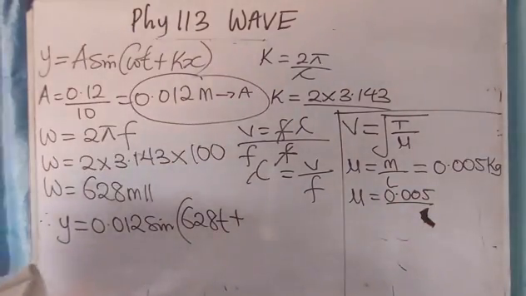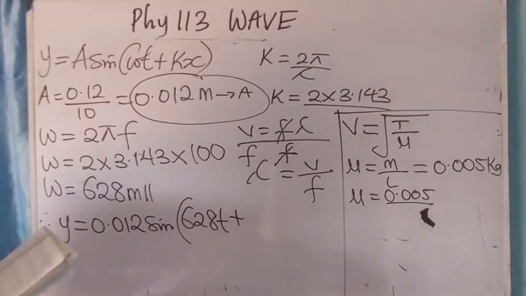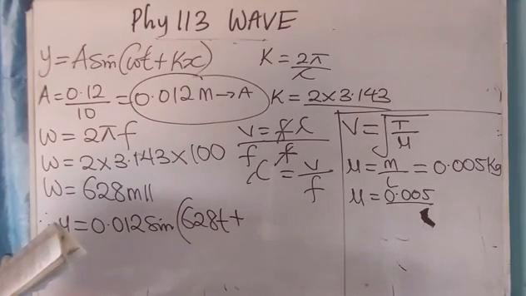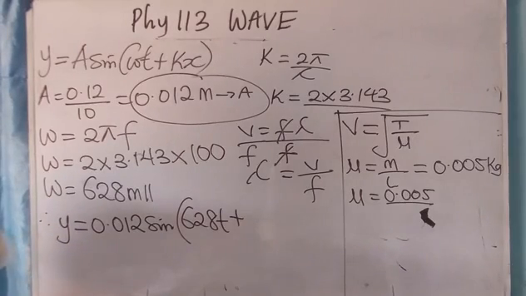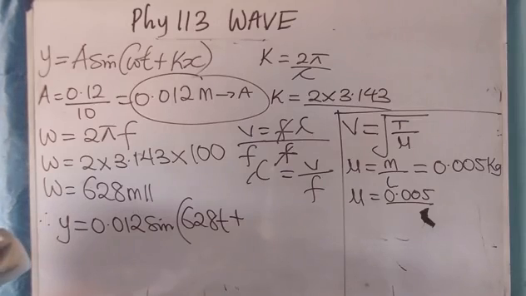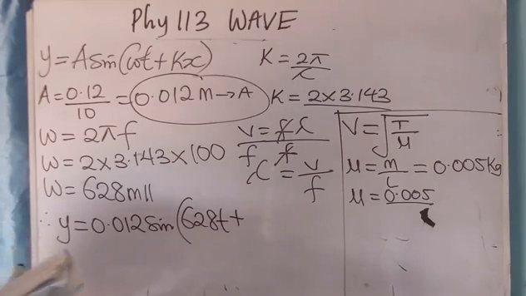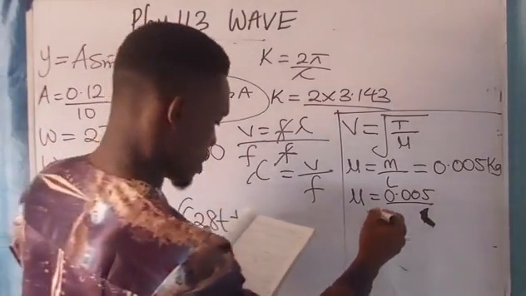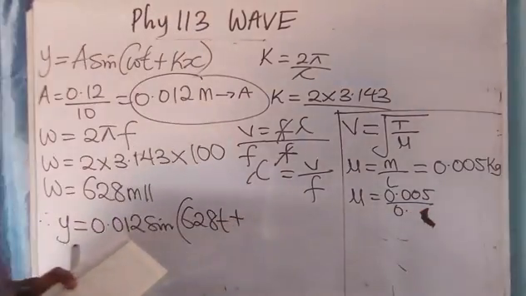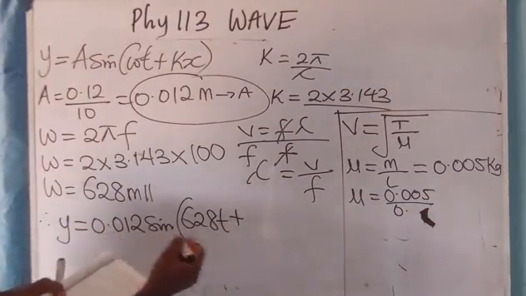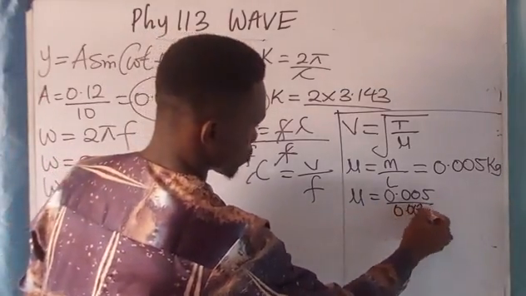So U equals 0.005 divided by the length. The length from the question is, okay, and the tension, yes, all right. Where is the amplitude again? 0.012.